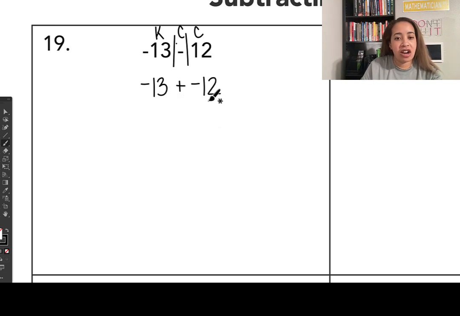Both integers are negative, so we say same signs add. 13 plus 12 gives us 25. And then we go back to our addition problem, and we see that both numbers were negative, so our final answer must be negative. Negative 13 minus 12 gives us negative 25.